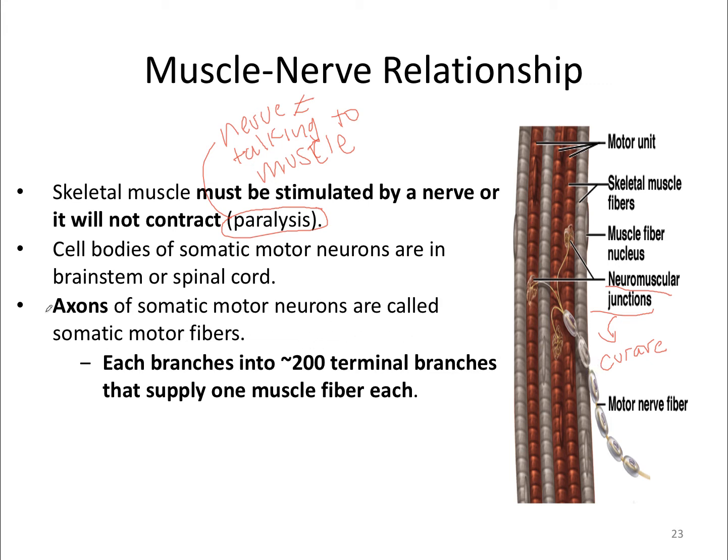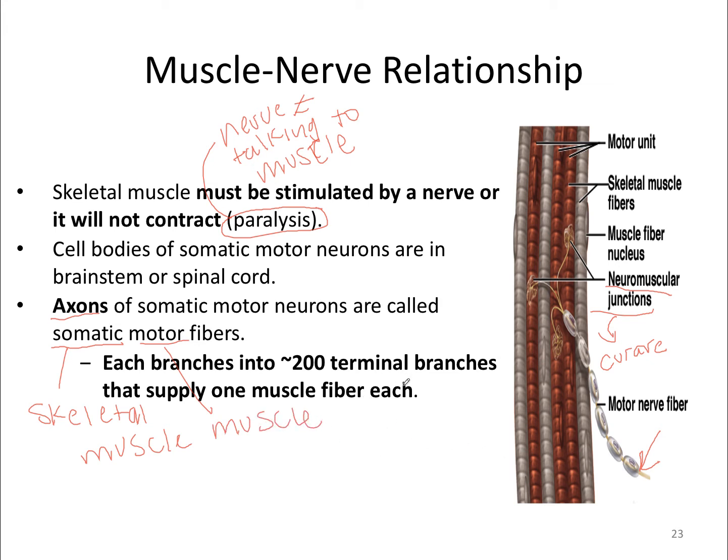So axons, these are the large sending ends of a neuron. Here's one. These are called somatic motor fibers. The somatic nervous system is the nervous system that innervates skeletal muscle specifically, and motor refers to the muscle part.